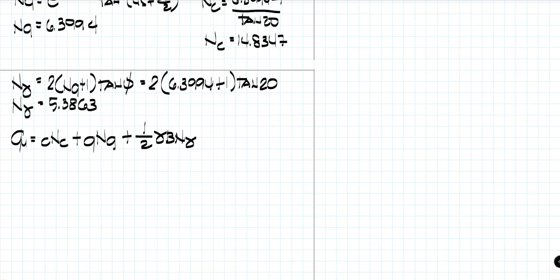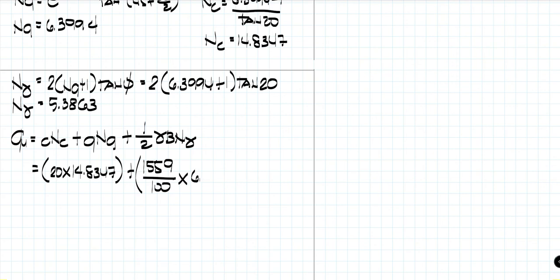So, substitute natin yung values. So, yung C natin is 20 times yung bearing capacity factor na NC na nakuha natin, which is 14.8347 plus yung Q and Q, which is yung Q natin is 1,559 over 100 times yung NQ natin, which is 6.3994. So, dito na lang natin lagay yung kasunod, plus, so that is 1/2.